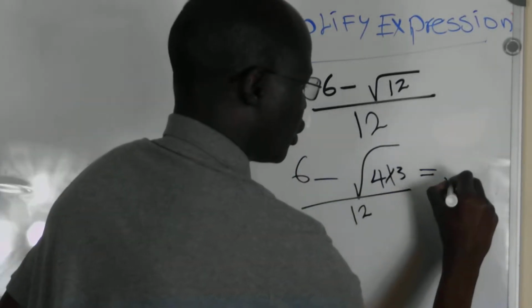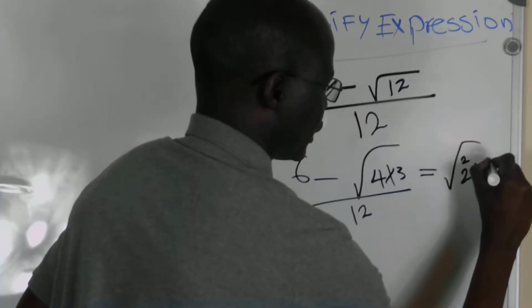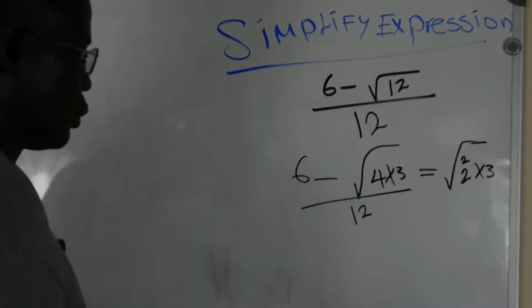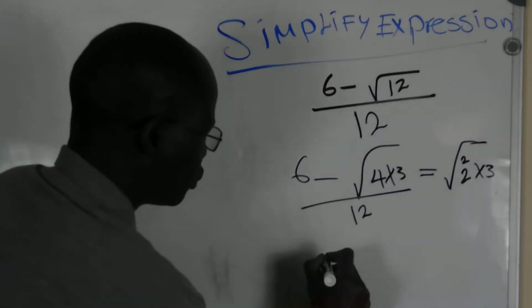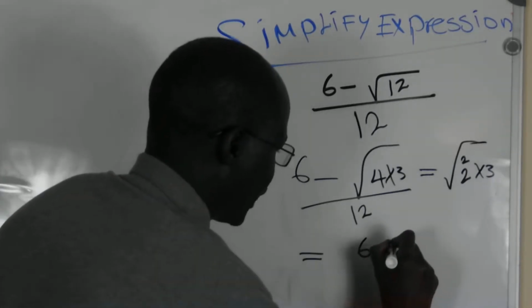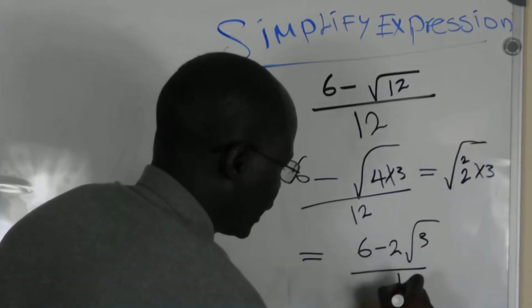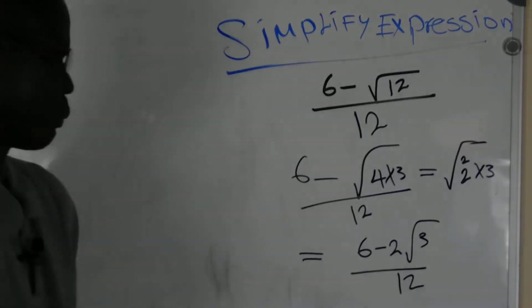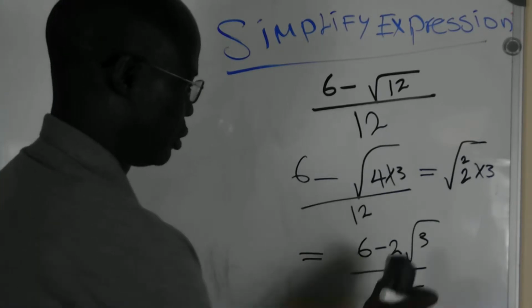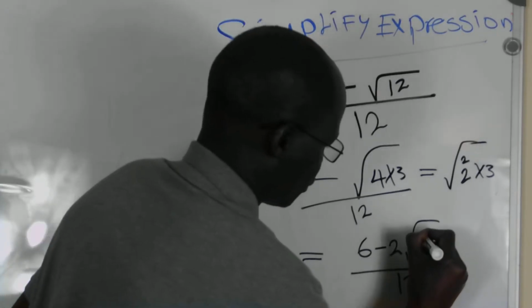Because the root of 4 is 2, times the root of 3. So this equals 6 minus 2 root 3, and all divided by 12. This is 3. I'm sorry, my handwriting is not that good, so just make sure.